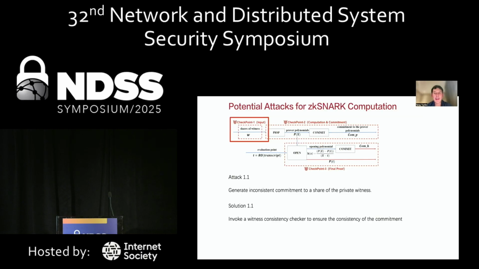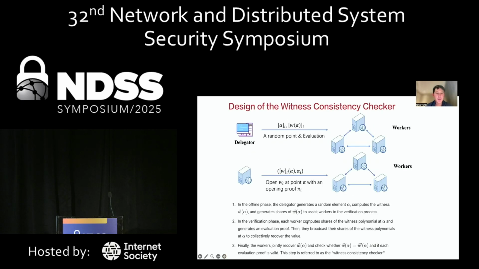What's more, the malicious worker may alter the private witness sent by the delegator, so we need to invoke a witness consistency checker to ensure the consistency of the commitment.